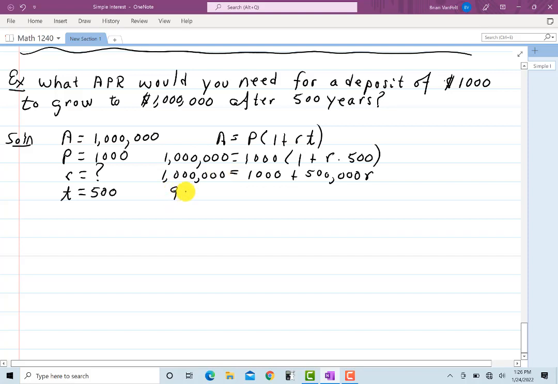So I'll have 999,000 equals 500,000 R. So I'll go ahead and divide by 500,000. I get R equals 1.998. And once again, we want to turn that into a percentage. So our APR then is 199.8%.